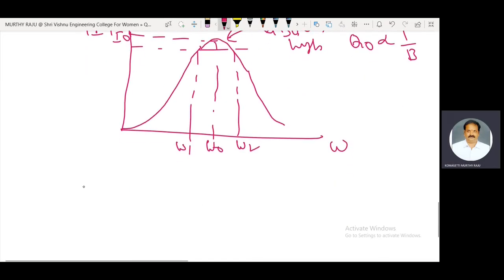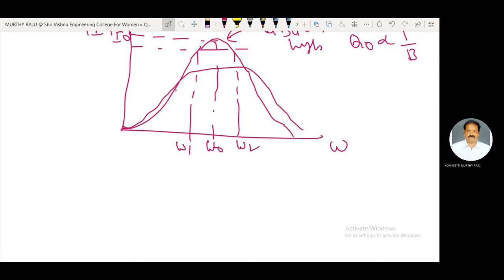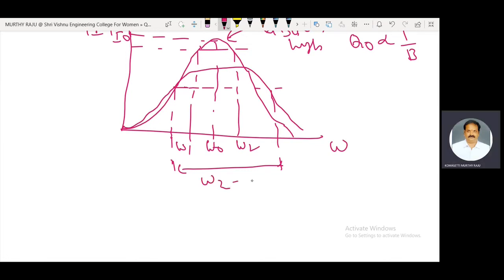Selectivity is also sharp. In the next case, omega 2 minus omega 1 is larger, so the bandwidth is more.